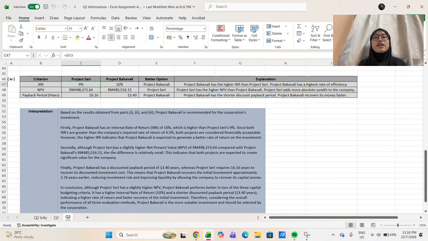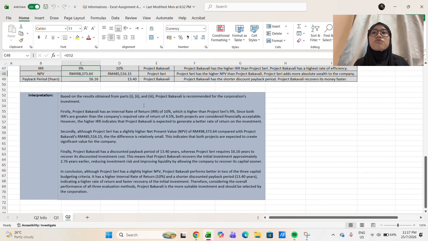Second, I consider the NPV. The NPV for project Zairi is slightly higher than project Bakavali, which indicates both projects are expected to create significant value for the company.